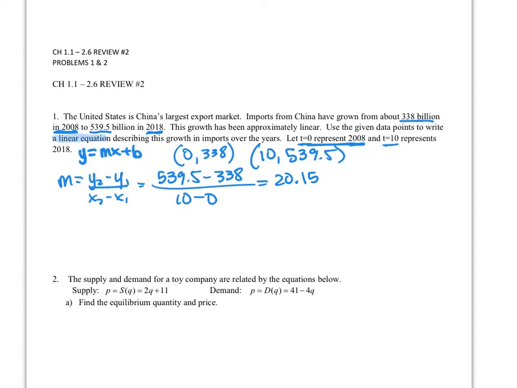Then we need to figure out what the y-intercept is. Some of you might realize that if you take a look at that point right there, it actually is the y-intercept because the x is 0. If you do not recognize that, you're going to want to place the point in for y, and then put the x value of 0 in with the slope, to get what the b is.